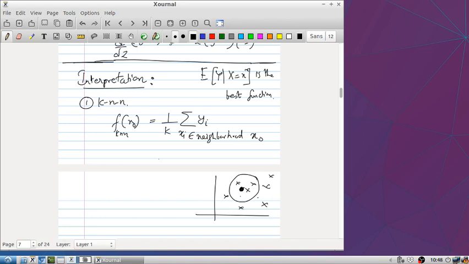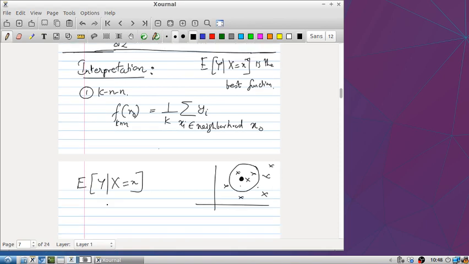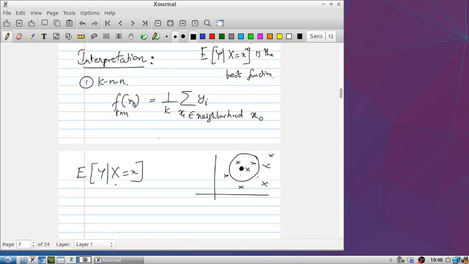And now the interpretation is that you have this best prediction function, expectation of y given x equal to x. What is this really? Let me write the definition: sum over y of P(y equal to y given x equal to x) times y, summing over whatever values y takes.